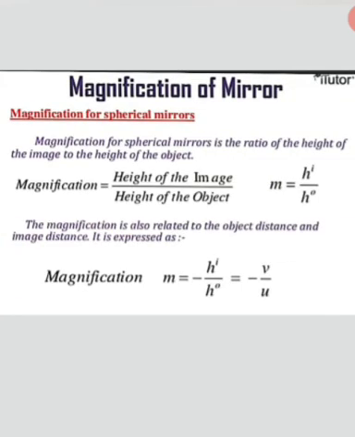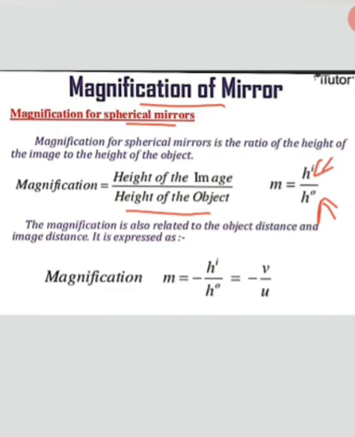Next and important is the magnification of a mirror. What is magnification? Whenever an image is formed by any spherical mirror, the ratio of the height of the image and the height of the object is defined as magnification, or we can say the ratio of the size of the image to the size of the object is defined as magnification.